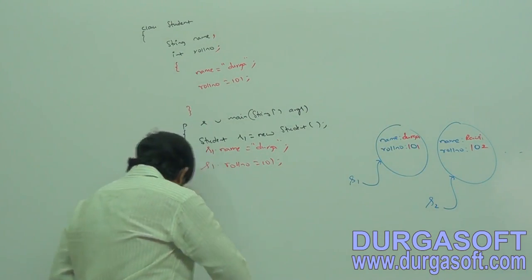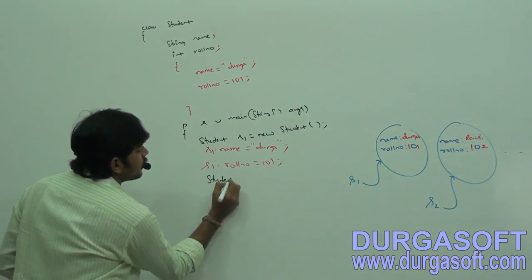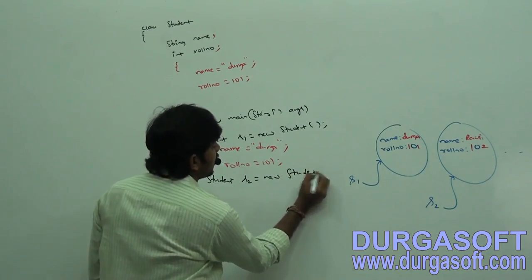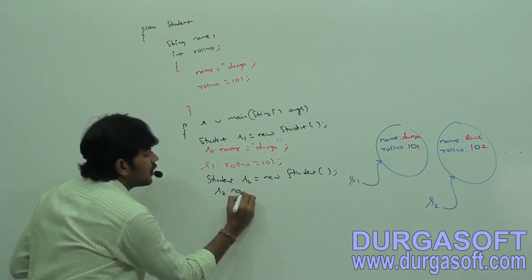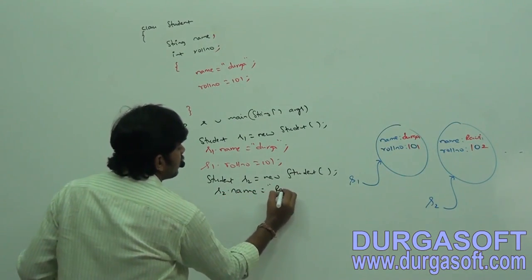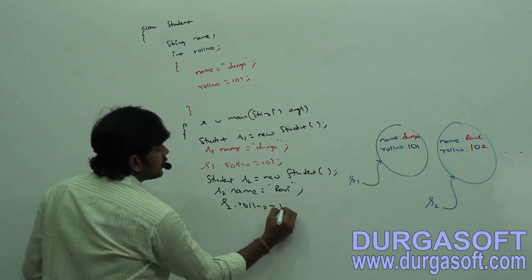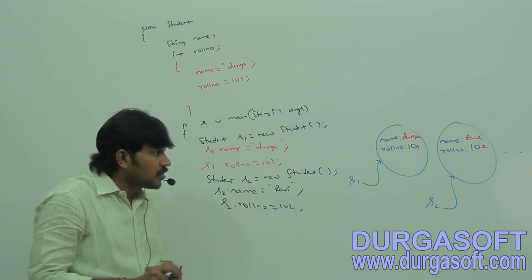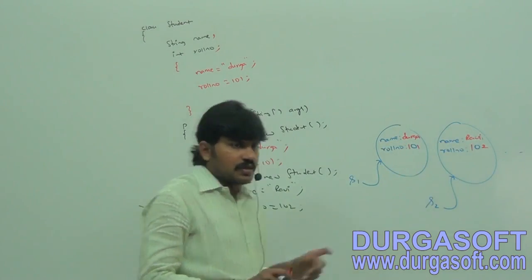Now I am taking Student s2 = new Student(). Sir, I created a second student object. s2.name = "Ravi" and s2.rollNumber = 102. Sir, name Ravi, roll number 102, like that.